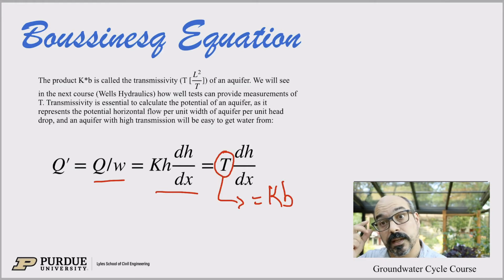If you're interested in wells hydraulics, when we do well tests, basically when we want to know the properties of an aquifer on a property, typically what we want to know is the transmissivity, because the transmissivity is basically the capacity of the aquifer to give water. So as far as water resources go, this tells us how much water we can get from that aquifer. So this is a really important parameter that typically we want to calculate.